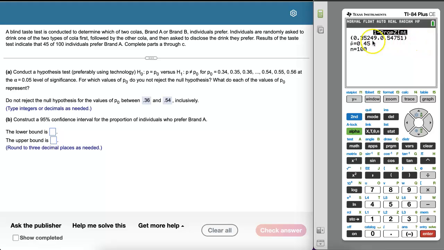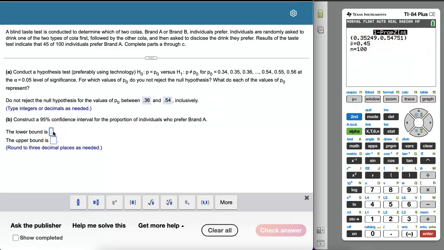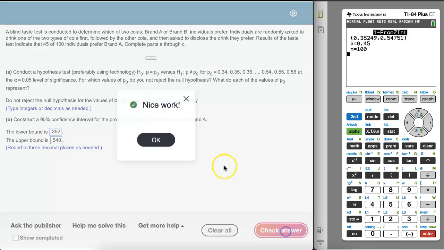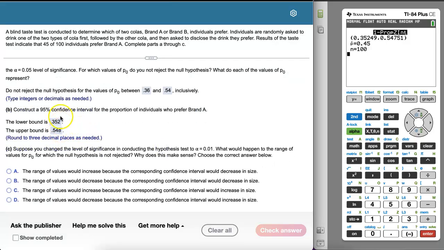So here is my confidence interval, lower bound to 3 decimal places and upper bound to 3 decimal places. And notice that this lower and upper bound also captures these proportions, p sub 0s, that we did not reject.